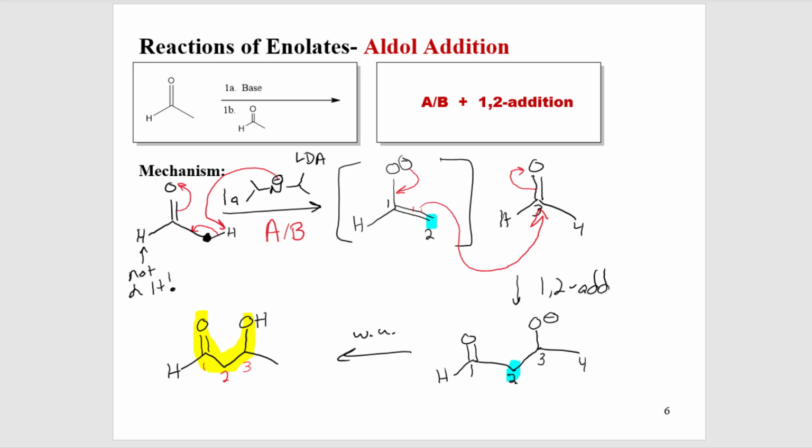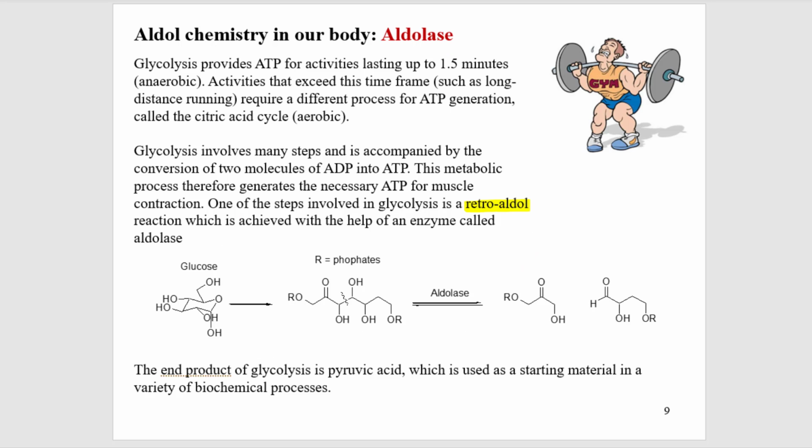So effectively, a retroaldol takes glucose, and you can see in its open chain form, can you see the carbonyl in a 1-3 relationship to an alcohol? The bond that's being formed in the aldol reaction is the one indicated with that squiggle line. If we work backwards, that's the bond that's going to break.